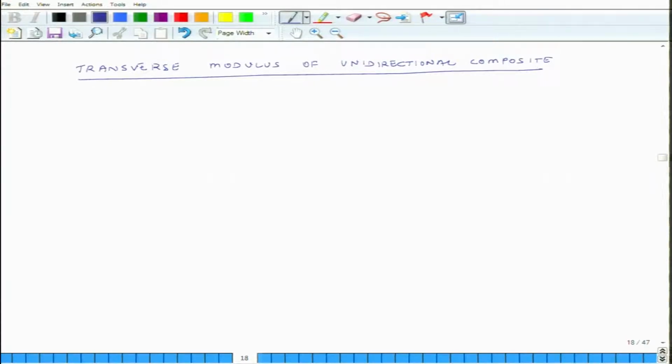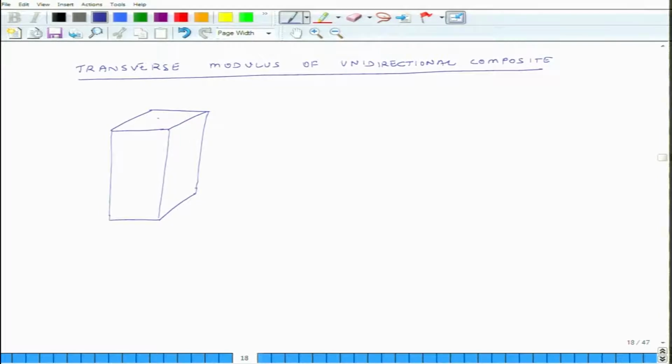So, what do we mean by transverse modulus? What we imply is, let us say this is a sample of composite material, and here the load is in the transverse direction.